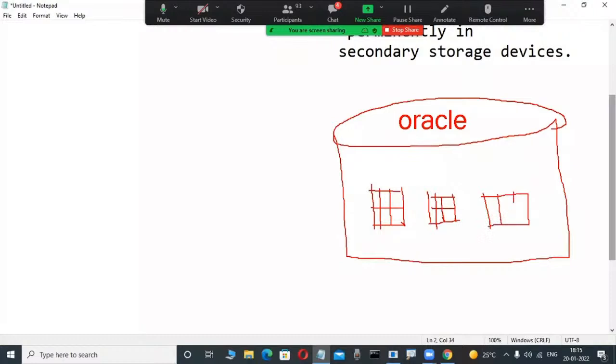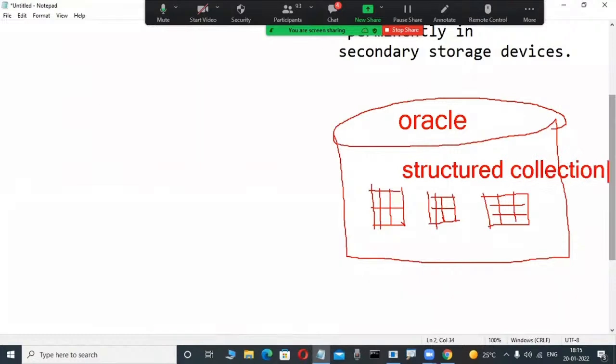What is logical and what is physical, we will see later. All relational databases store a structured collection of data, not non-structured data. Non-structured data belongs to other databases. Oracle is one of the popular relational databases, storing a structured collection of data.